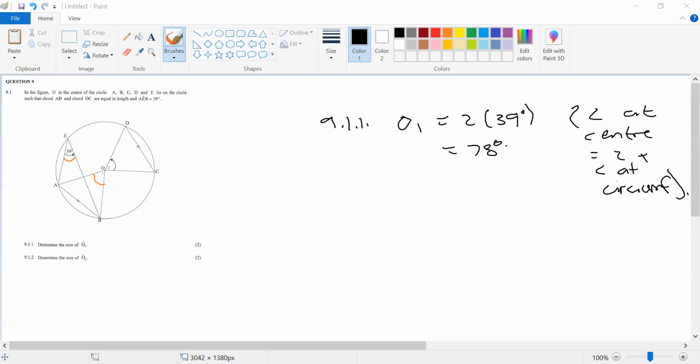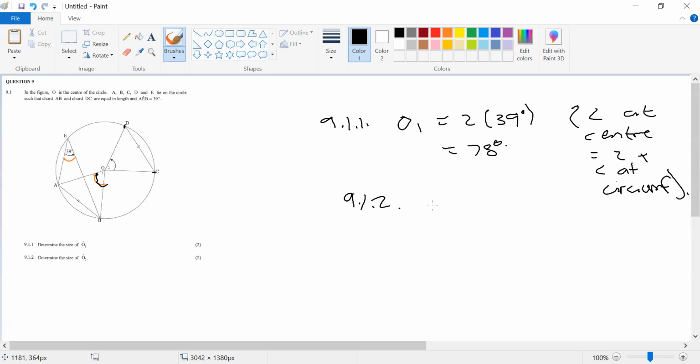So now that we've gotten 9.1.1, that did not take long. And to do 9.1.2, we have to determine the size of O2. And in order to do that, we can just see that O1 is subtended by chord AB, and that chord is also equal to chord DC.